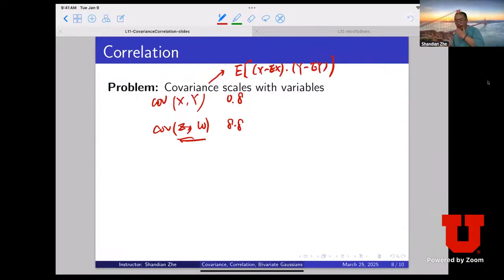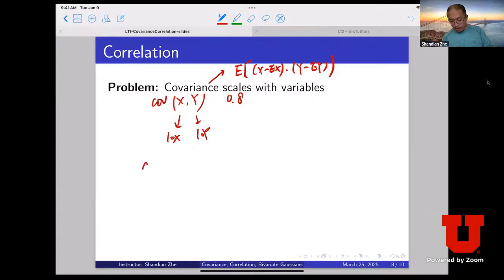So imagine we consider another pair. Let's just multiply x and multiply y. I'm going to multiply x by 10. I'm going to multiply y by 10.